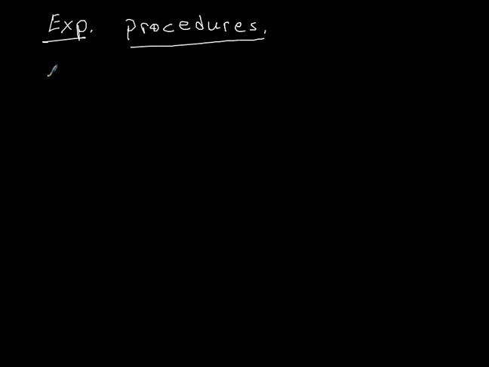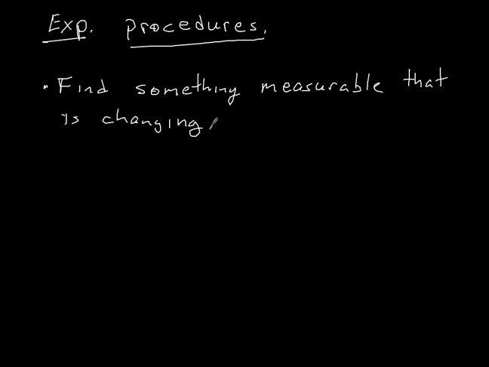So in order to set up an experiment for determining the rate of the reaction, you need to find something measurable that's changing in the reaction. And anything that you can measure, and you probably should put in here easily measurable. If it's difficult to measure, then that's obviously going to make it more difficult.